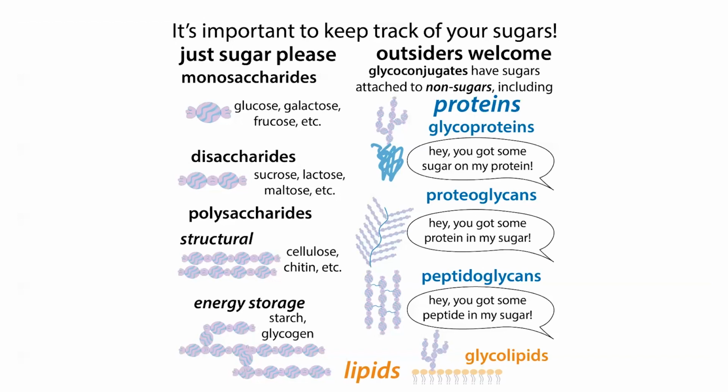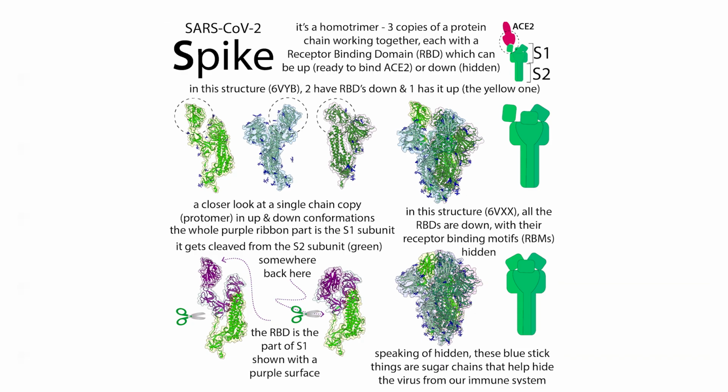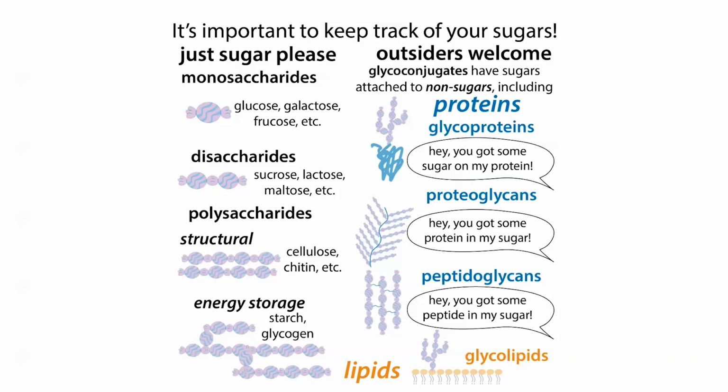For example, viruses often have glycoproteins on their surface, such as the coronavirus spike protein. It's a glycoprotein with a bunch of glycans sticking out. These sugars make it harder for the immune system to recognize. So that's a glycoprotein: mostly protein, with some sugar chains attached.